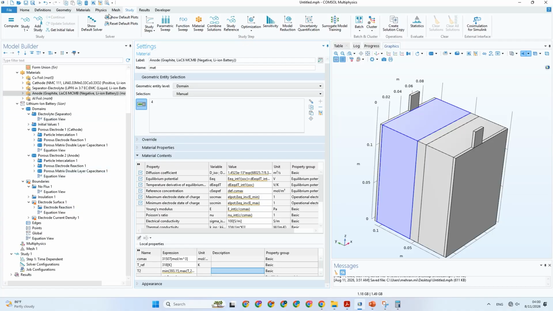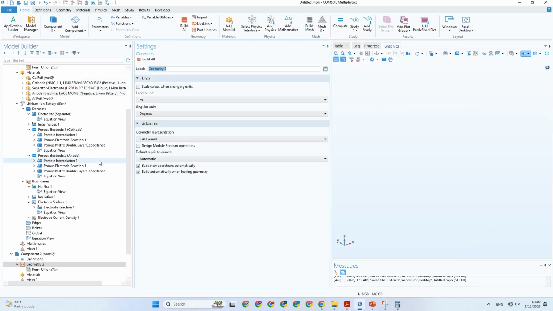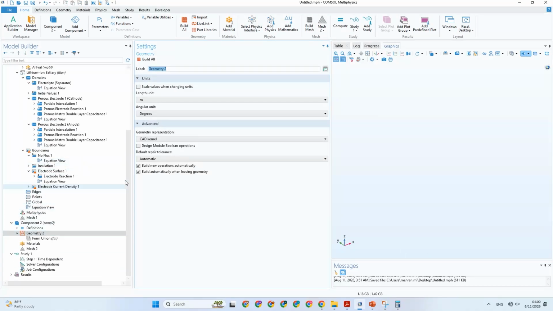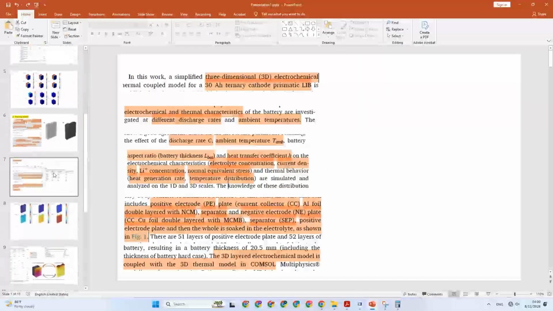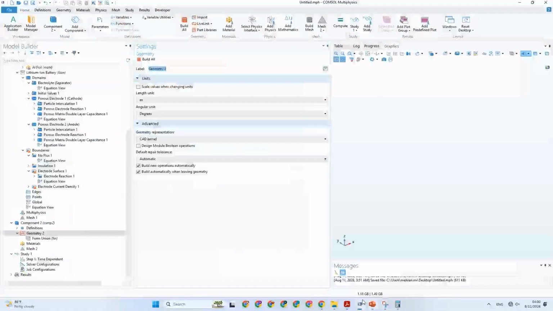Here we can add, go to home, add another 3D component. In that new component, we must add this geometry, and then after defining this geometry, we can couple them. Here, let me show you.